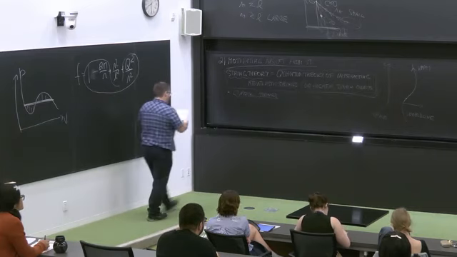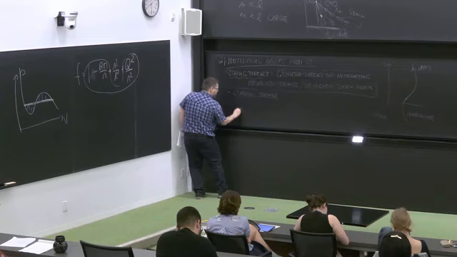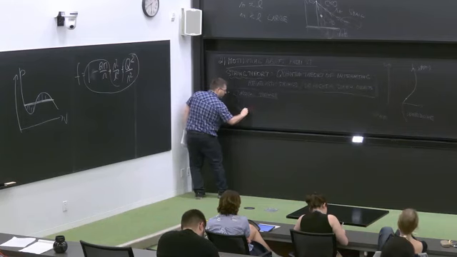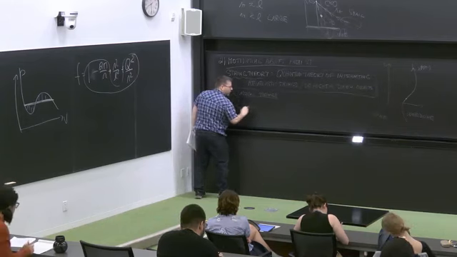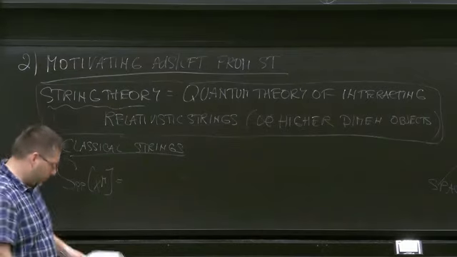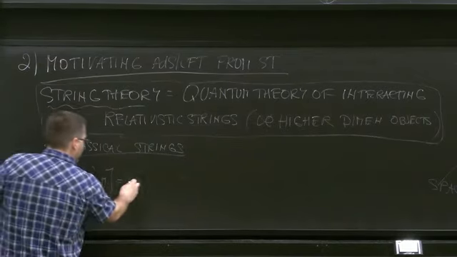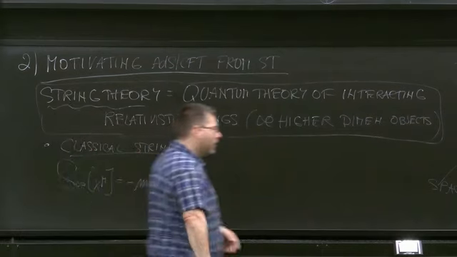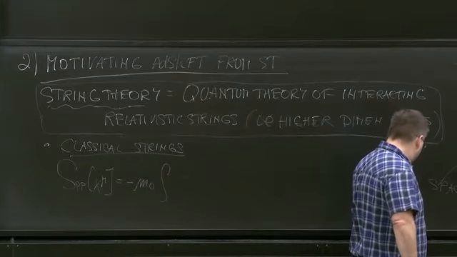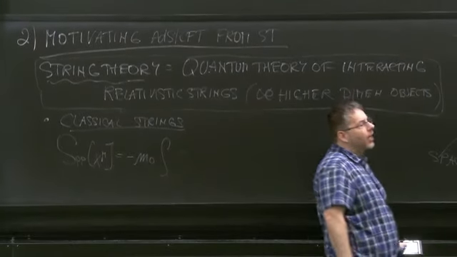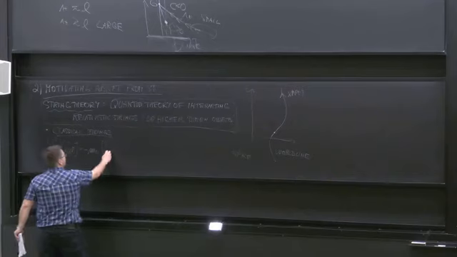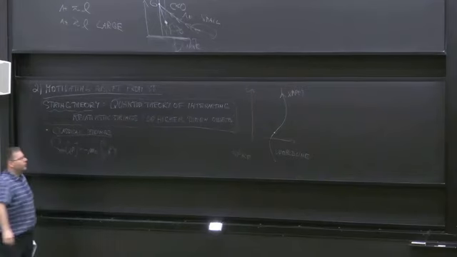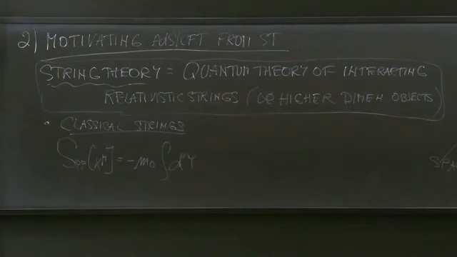Okay, so for a point particle, S of the point particle depends on the trajectory. If you have a free particle, it's just an extremum of the proper length or proper time, right? So it's an extremum of the proper time if we have timelike motion of the particle, right?